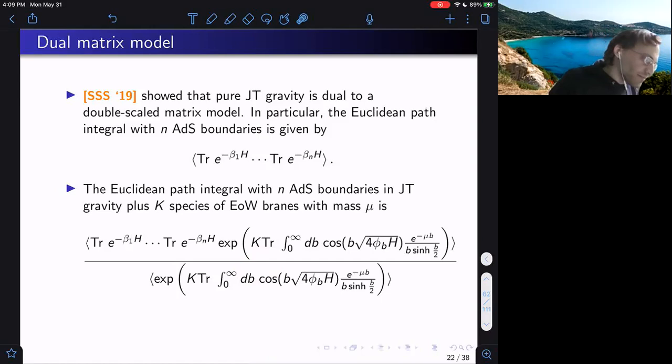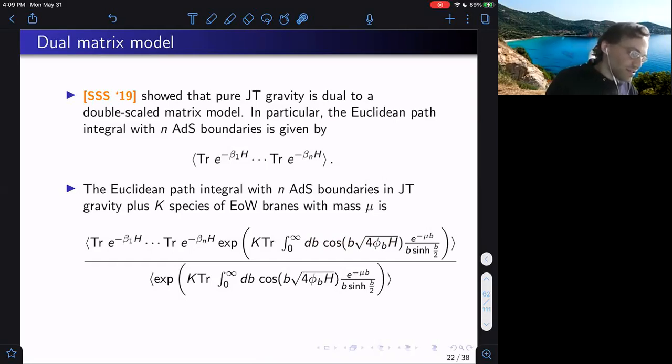If you want to verify this claim, all you have to do is take this exponential and just expand it. And so you just get a bunch of traces. And the formula for a correlator with any number of traces was given to us by Saad, Shenker, and Stanford. So all you have to do is plug the function that I've provided here into their formula and simplify it.